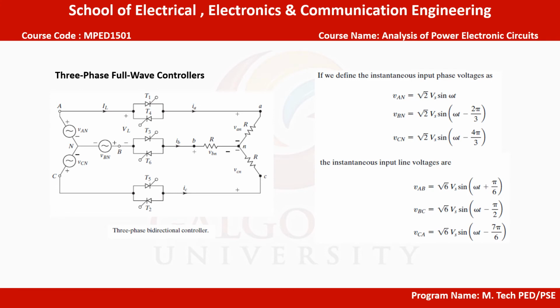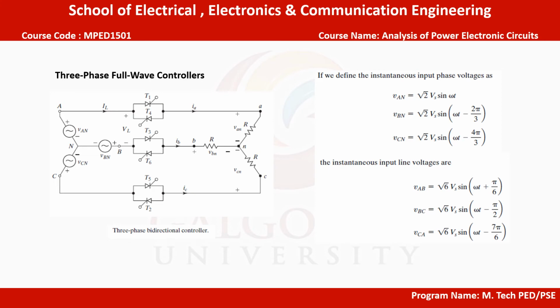So if we define the instantaneous input phase voltages as VAN is equal to under root 2 Vs sine omega t, VBN is equal to under root 2 Vs sine omega t minus 2 pi by 3, VCN is equal to under root 2 Vs sine omega t minus 4 pi by 3.